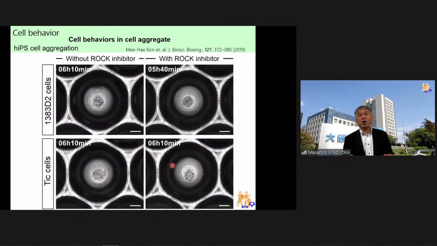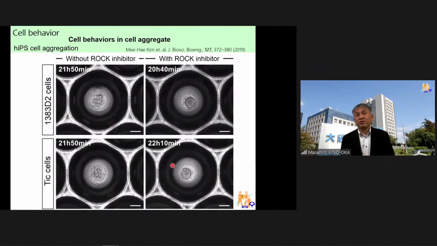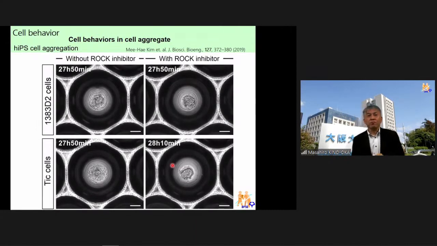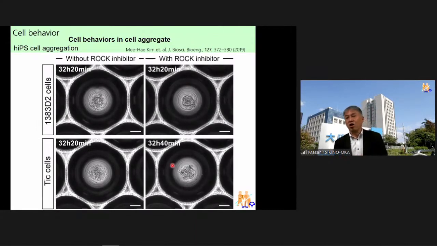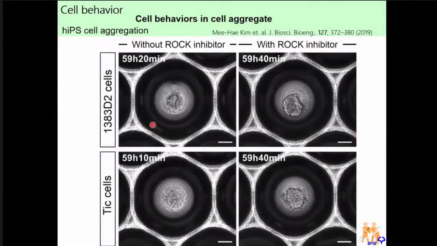This is one example of an aggregate of iPS cells. I will not mention it in detail, but during the culture of the aggregate, one type of iPS cells and another type of iPS cells, both are iPS cells, start to show different phenomena. So it looks like this one.